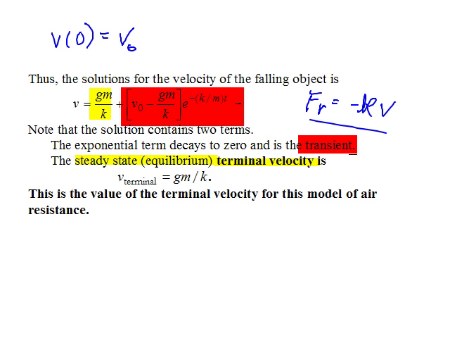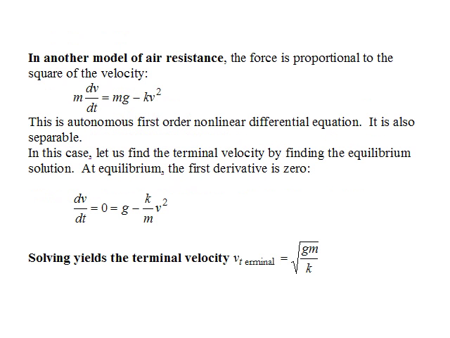Now I'm going to run through the same problem, but I'm going to use a different model for the resistive force. Remember, there were three models that I showed you before. In one case, the resistive force was proportional to the velocity. That's what we just did. Then there was another one in which the resistive force was proportional to the velocity squared.